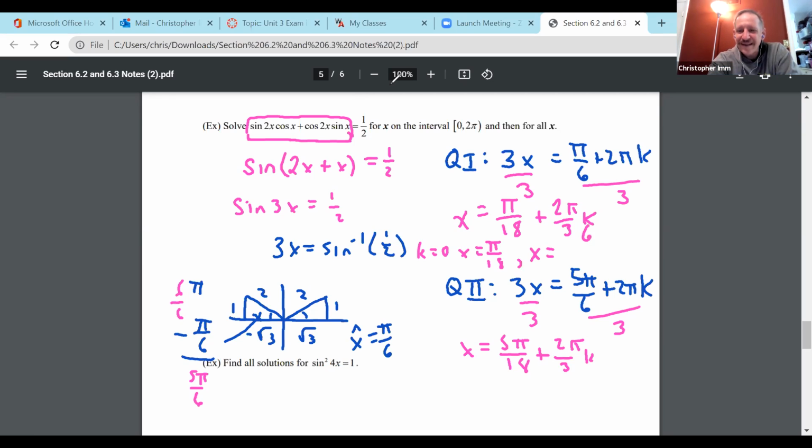Multiply each of these by 6. So that's 12, 12 over 18. 12 plus 1 is 13. And finally, when k is 2, I have double 12. That's 24. 24 plus 1 is 25 pi over 18.